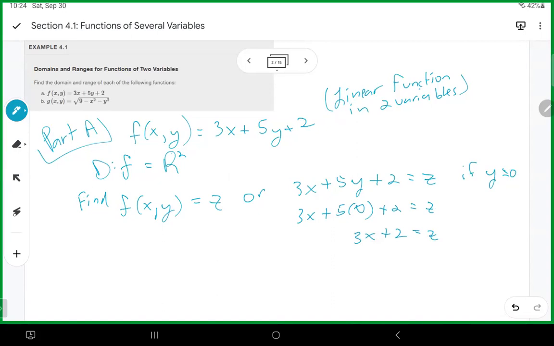The solution of this equation would be x equal to z minus 2 over 3, which would give us the ordered pair z minus 2 over 3 comma 0 as a solution to the equation for any value of z. Therefore, the range of the function is all real numbers, R.